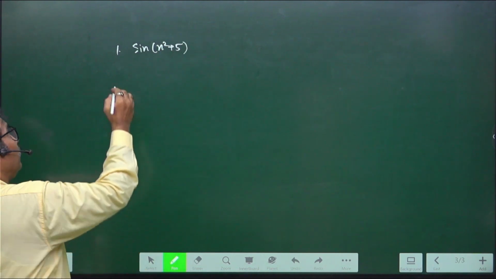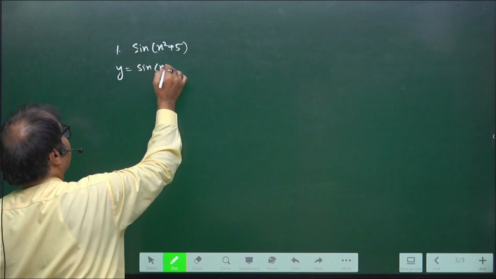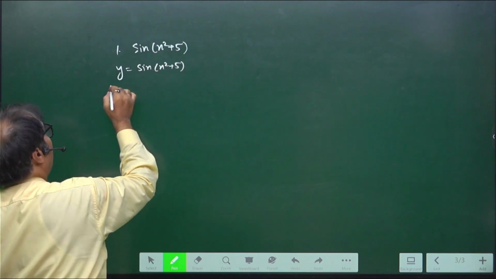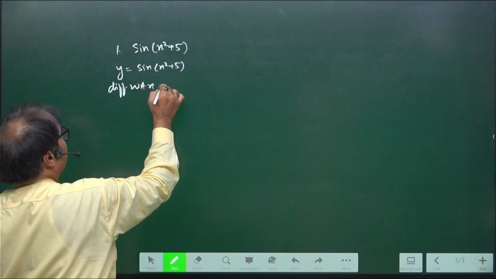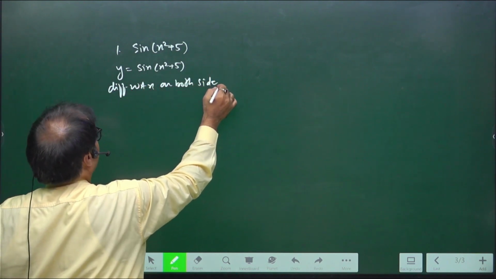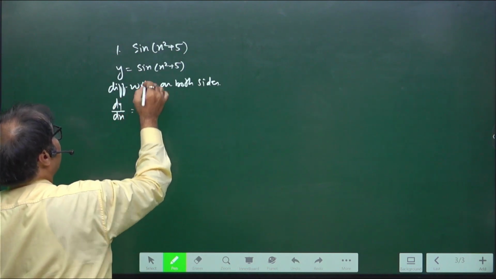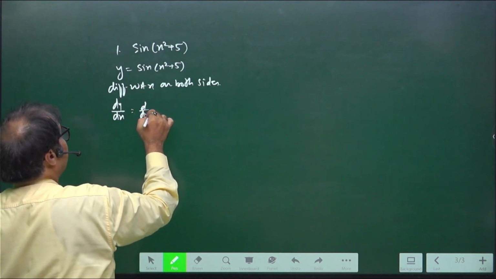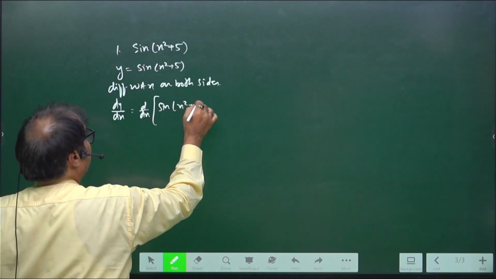First of all we will write, let y is equal to sin of x squared plus 5, and now differentiate with respect to x on both sides. So dy by dx is equal to d by dx of sin(x squared plus 5).